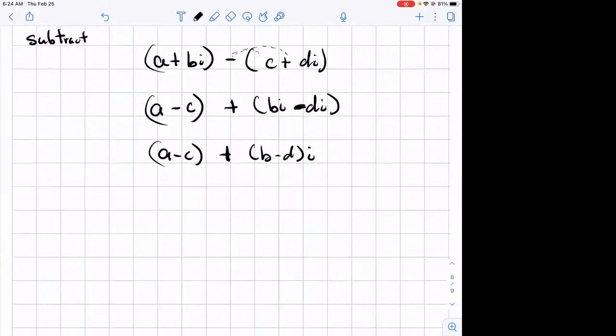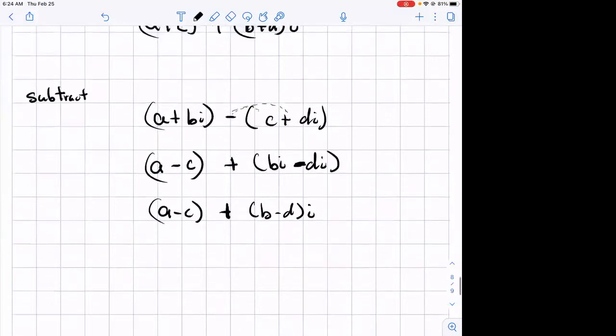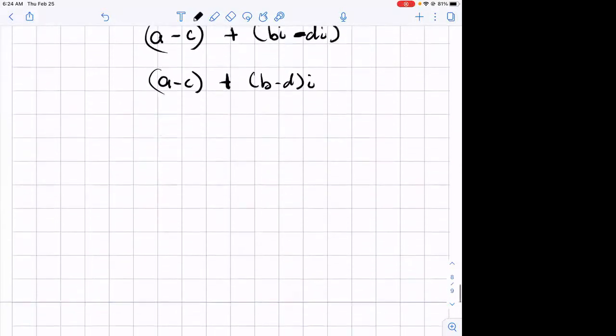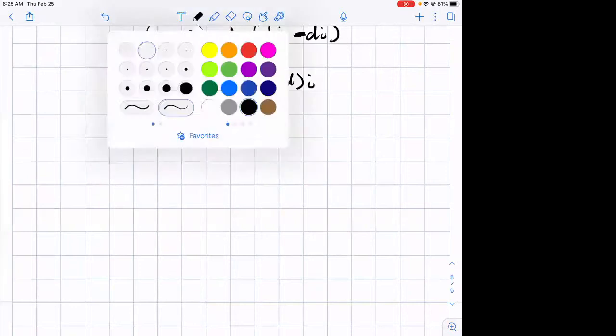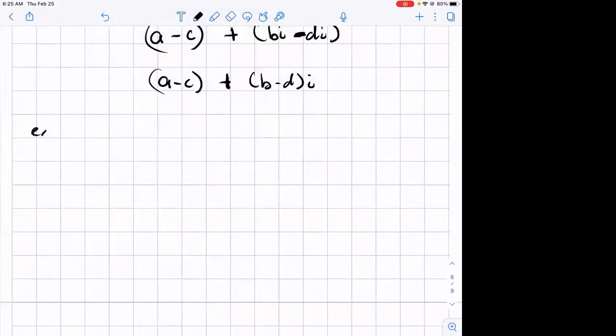So don't get frustrated with the notations. When you see the way it works, it becomes just like adding and subtracting polynomials. Yeah. So let's look at an example. If I say add or subtract.